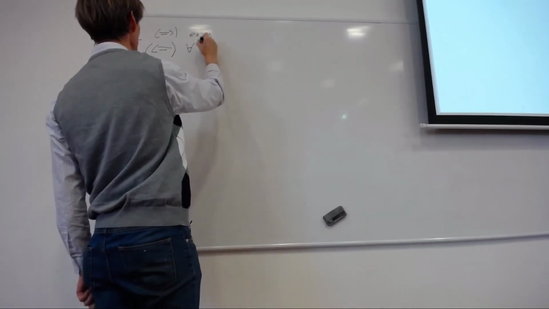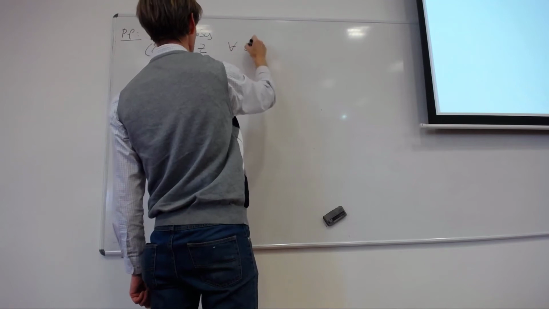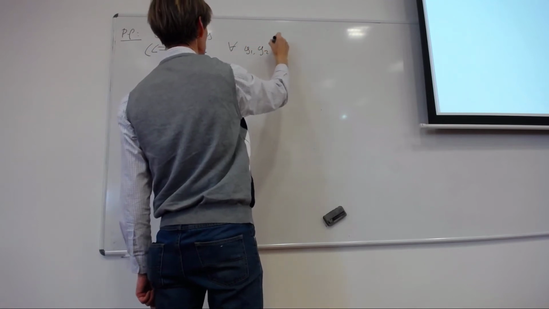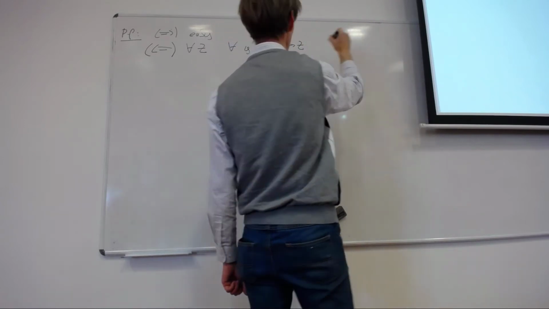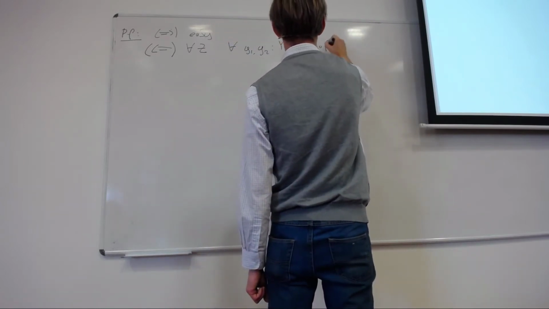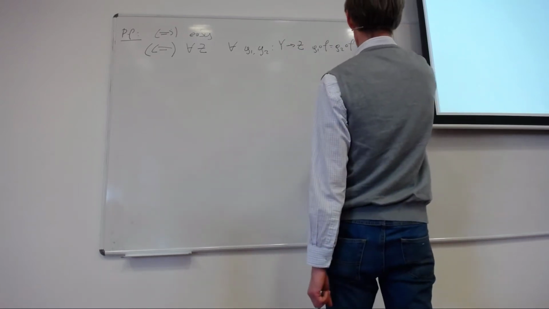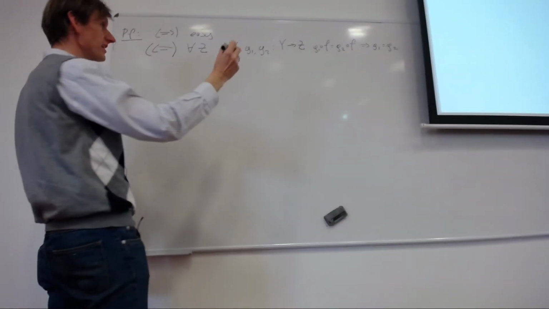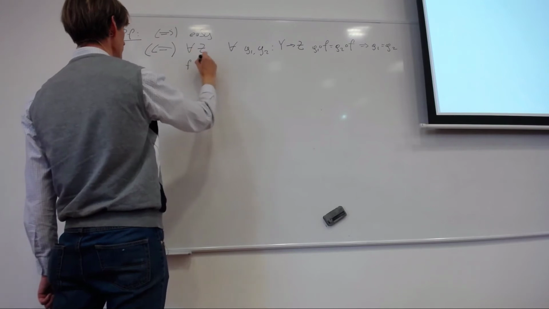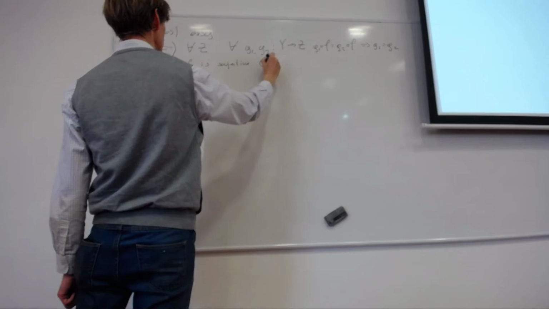For all sets Z and for all functions G1 and G2 that go from Y to Z, if G1 composed with F is the same thing as G2 composed with F, then necessarily G1 is equal to G2. And we are asking if F is surjective.